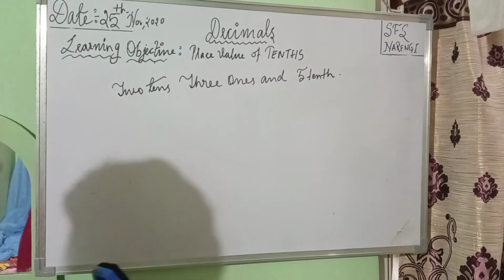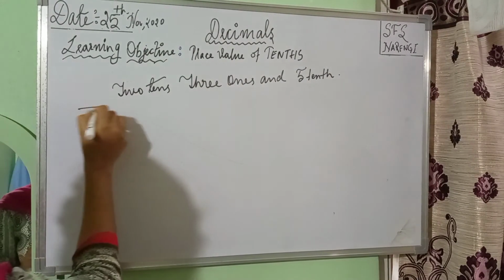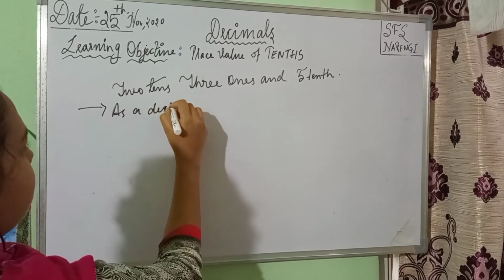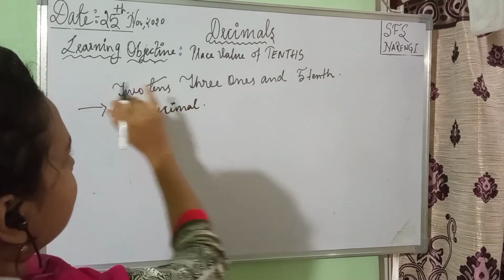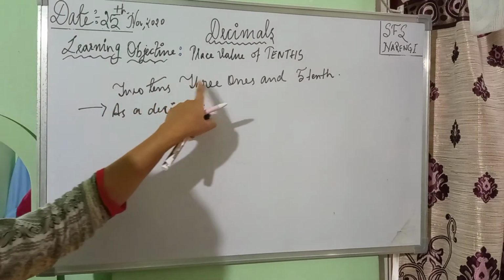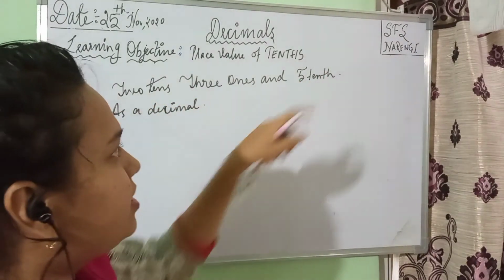I have to write this number as a decimal number that has 2 tens, 3 ones and 5 tenths.